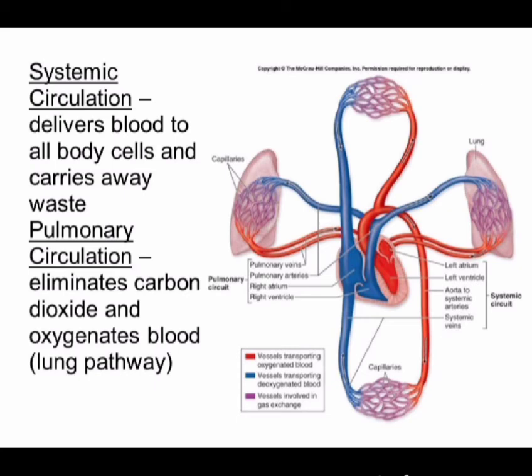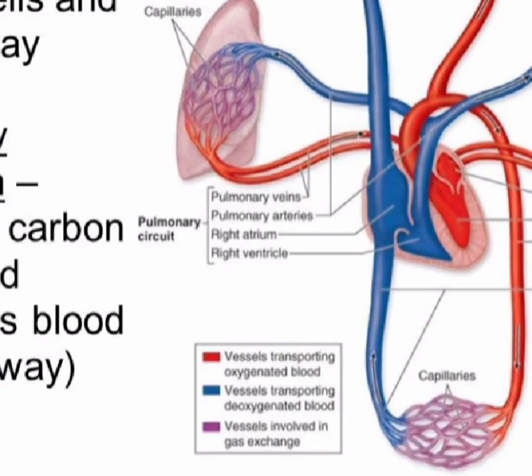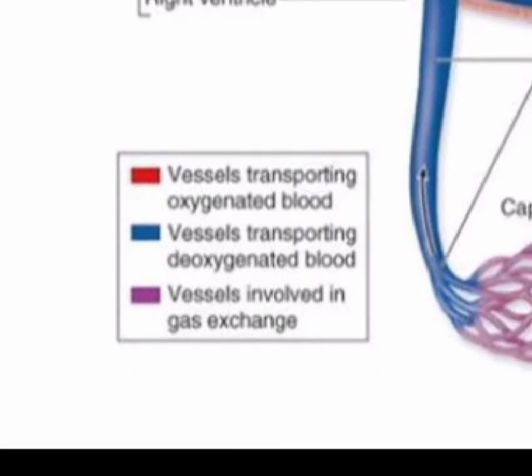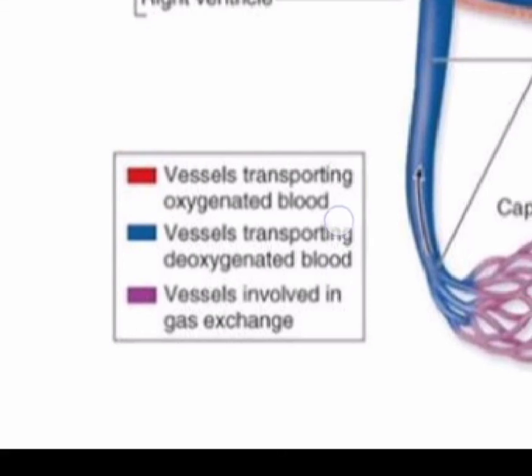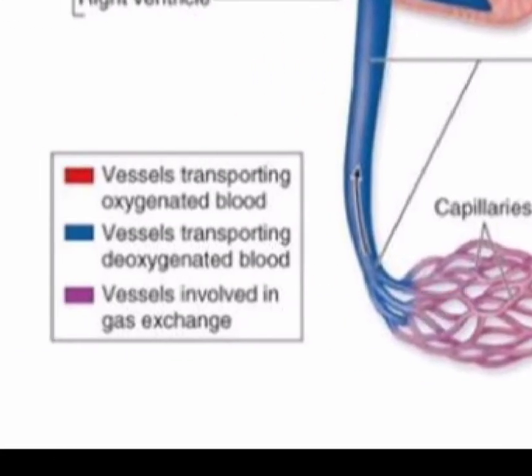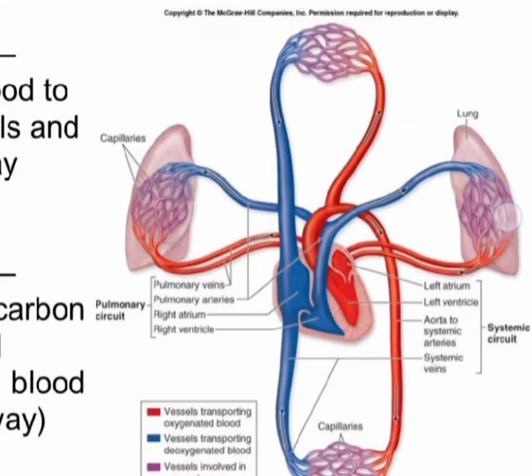Now pulmonary circulation eliminates carbon dioxide and oxygenates blood, that is through the lung pathway. So here the diagram tells us that the red shows vessels transporting oxygenated blood, then the blue shows vessels transporting deoxygenated blood, and then where we have the violet indicates where there is gas exchange, that is where oxygen is exchanged for carbon dioxide in the tissues.